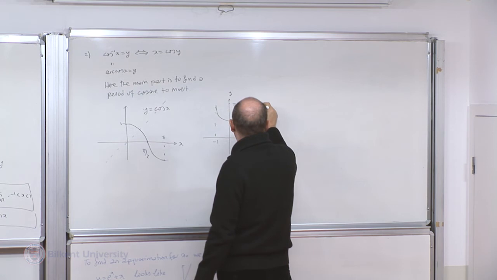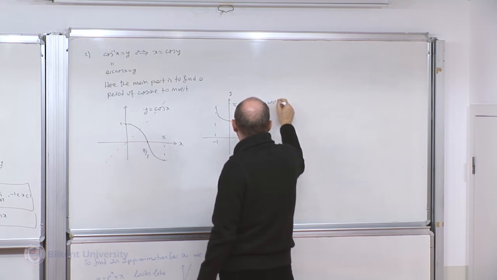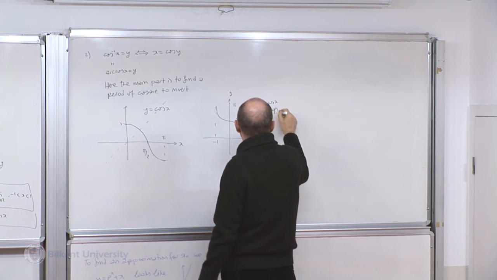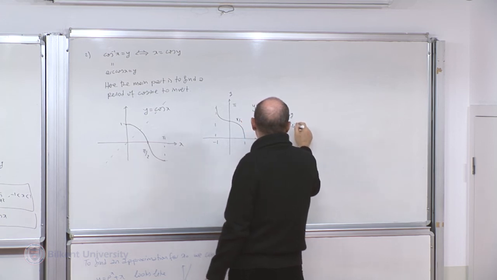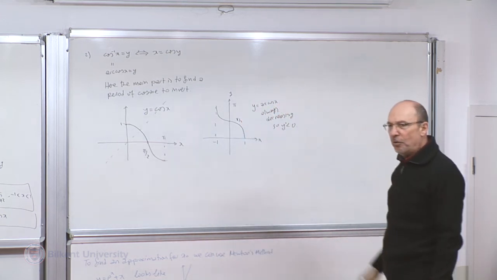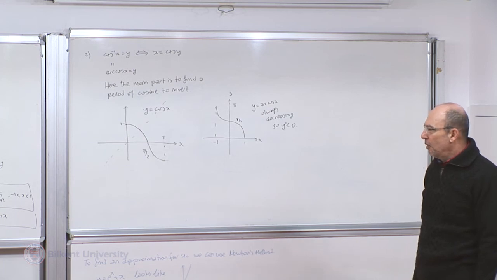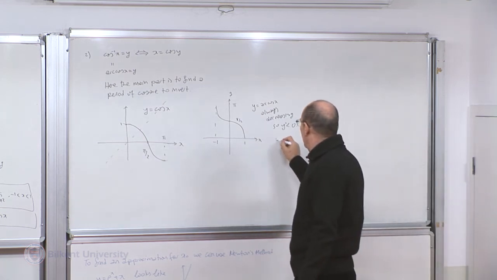So this is now y equals arc cosine x, always decreasing. So y prime must be negative. So we know from these arguments that y prime will be exactly the same formula. So y prime is equal to minus 1 over the square root of 1 minus x squared.